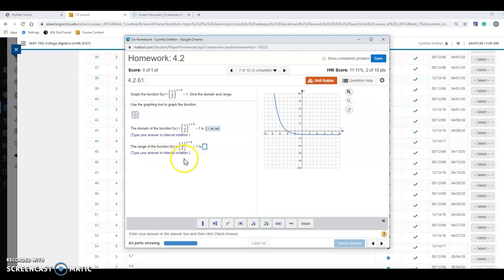Now, for the range, it does have a low point there. Normally it hovers above the x-axis, as the x-axis is an asymptote, but where it shifted down a place, it moved that asymptote down one place. So the asymptote is affected by the vertical shift. So now this horizontal asymptote, instead of being at 0, is at -1.